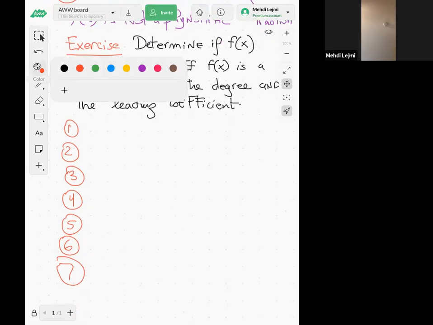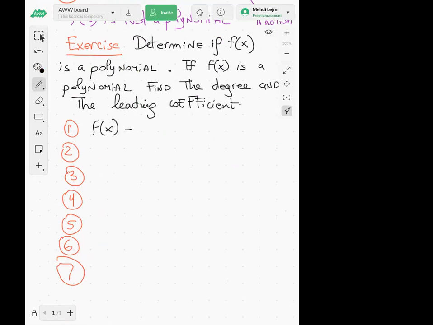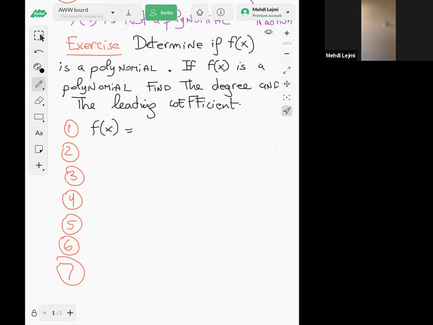So all right. Let's start with the first example here. Minus 4x to the 9 plus 7x to the power 7 minus x to the 6 minus 4x. Then f of x is minus 3x cubed minus x to the 4th plus 2x to the power 6 minus 1.